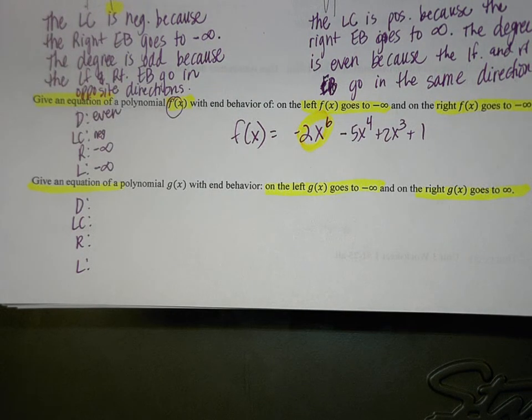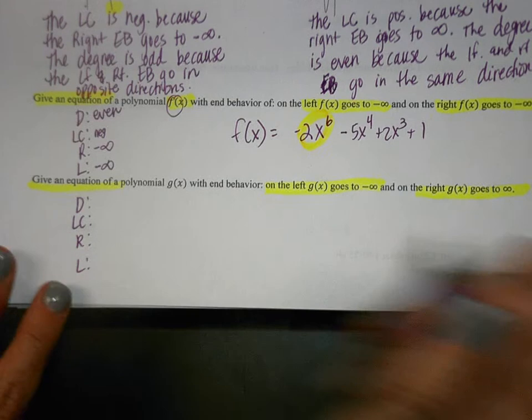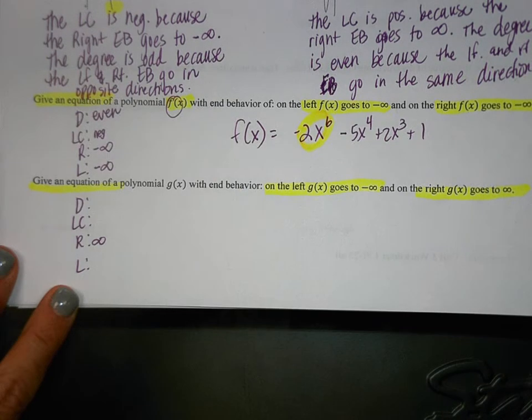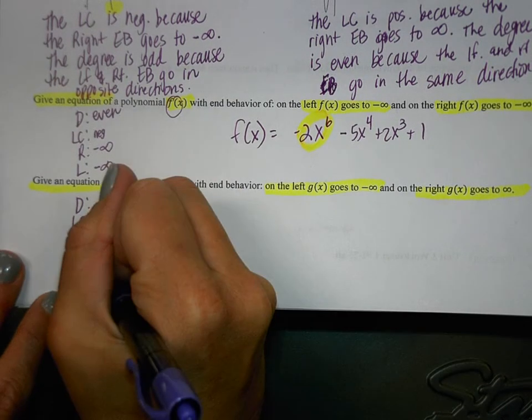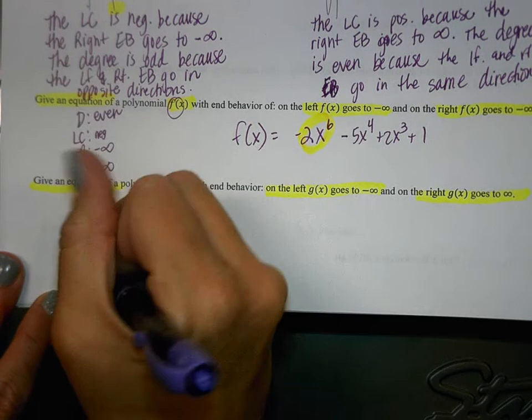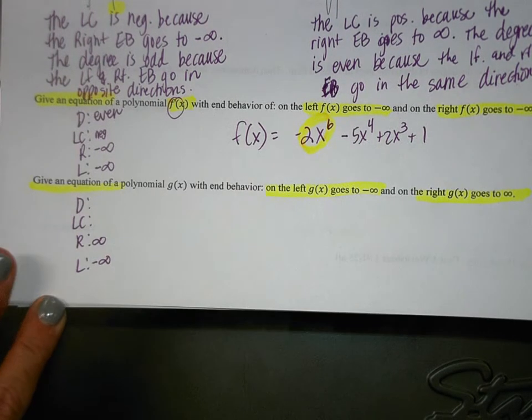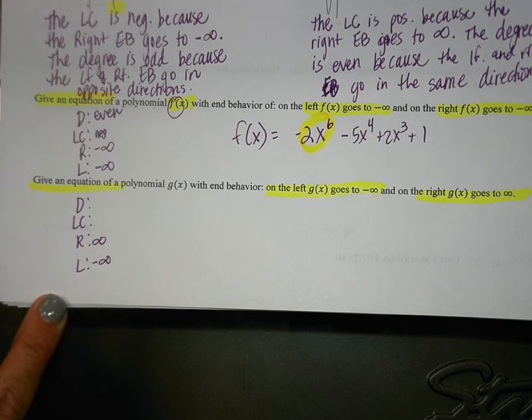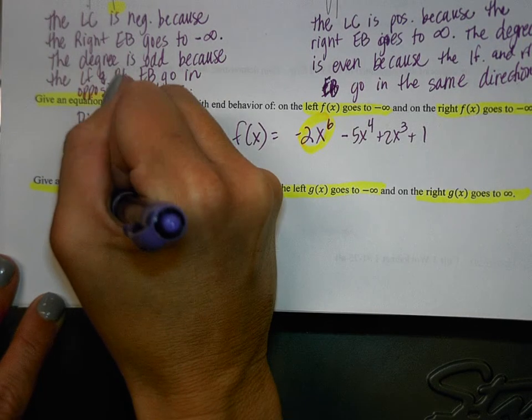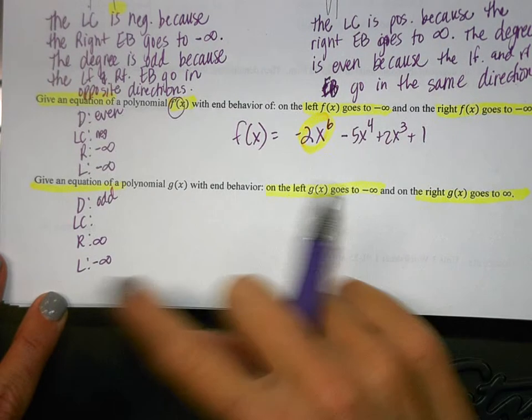The right end behavior is what? Positive infinity, good. The left end behavior is? Negative infinity. Okay, based on this information, what degree would this be? Odd. How do I know it's an odd degree? These are going in opposite directions.